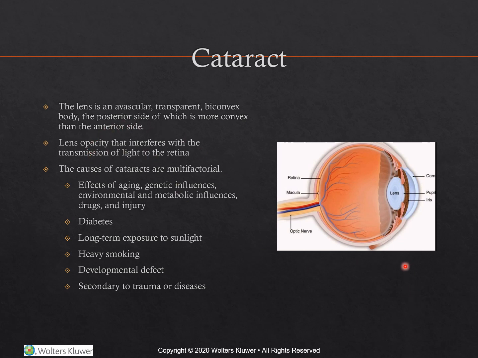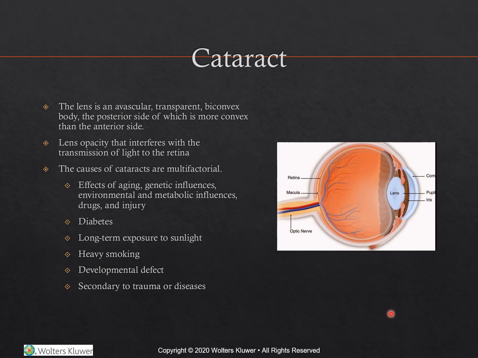Lens opacity that interferes with the transmission of light into the retina is what happens in a cataract. So that lens starts to become opaque, and then light does not transmit as readily through the lens and into the retina itself, the back of the eye.